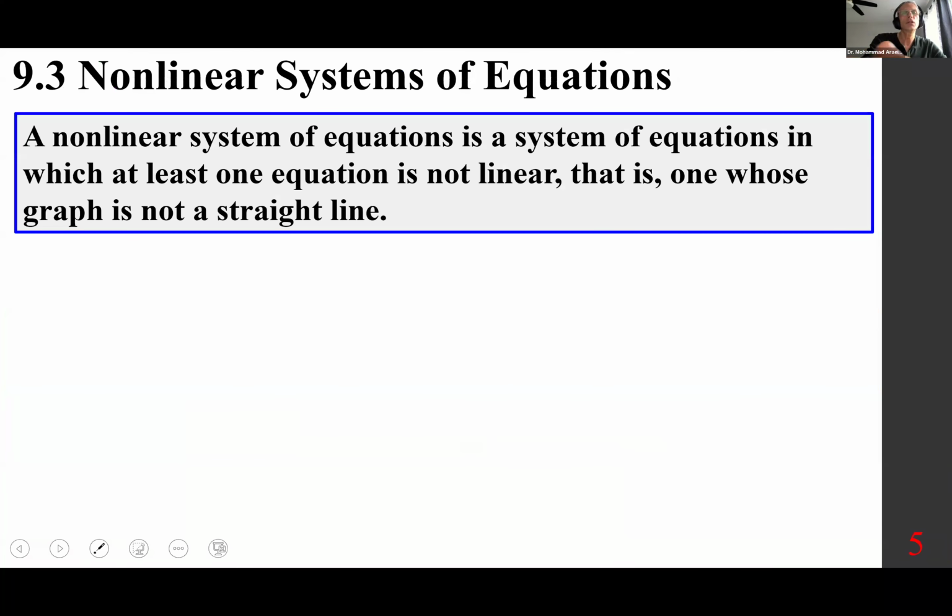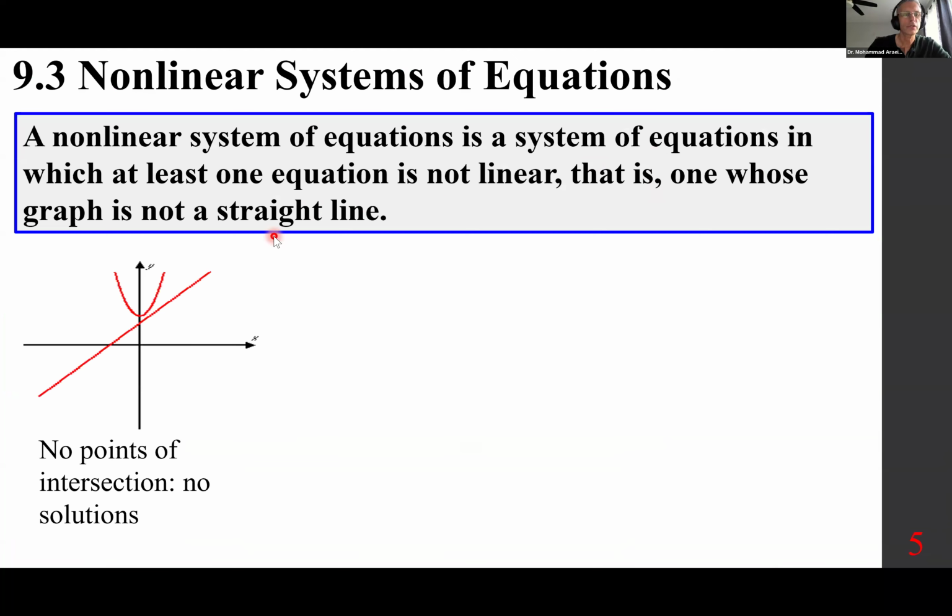Now, Section 9.3, nonlinear systems of equations. A nonlinear system of equations is a system of equations in which at least one equation is not linear. That is, one whose graph is not a straight line. For example, we are looking at a parabola and a line, no points of intersection, no solution.